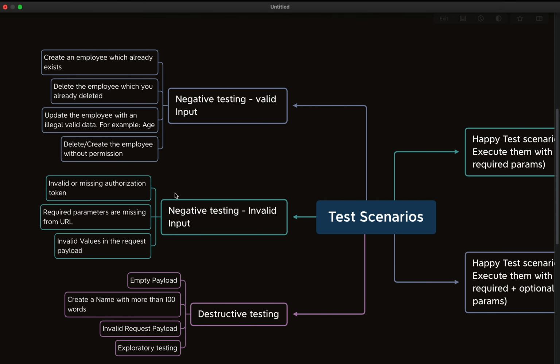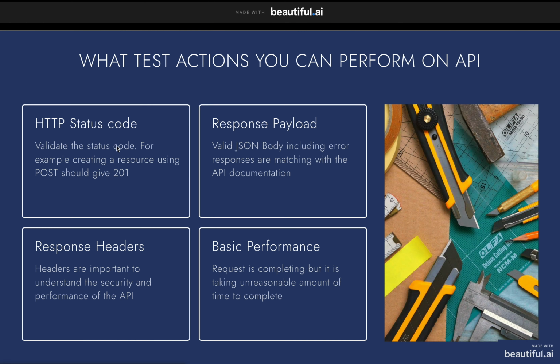So try with that read access token and see whether you are able to create a resource or not. Ideally you should not be able to. And then you can try not passing any authorization token and see how the API returns. You have to validate these four things: status code, payload, headers, and performance.